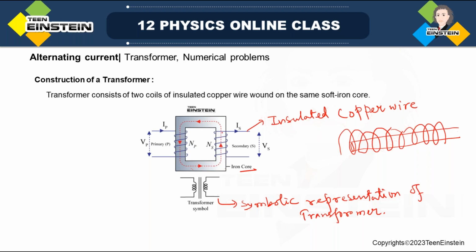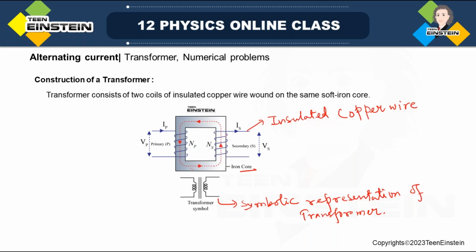So similarly here, there are two coils of insulated copper wire, and the coils are wound on the same soft iron core.